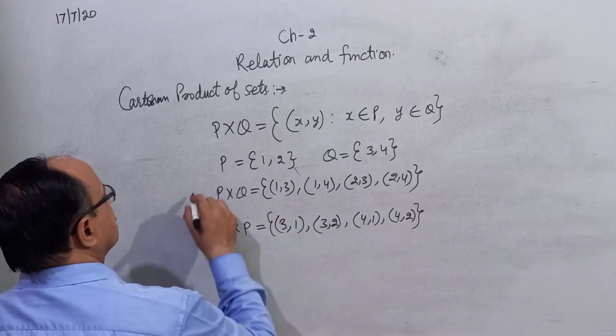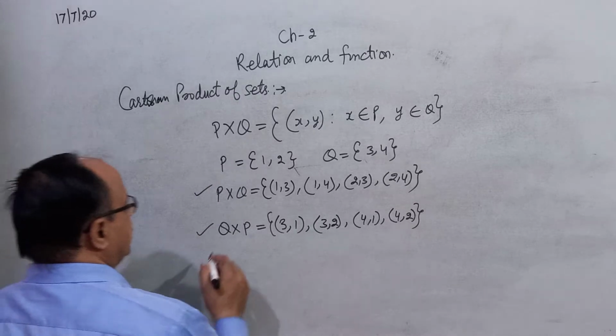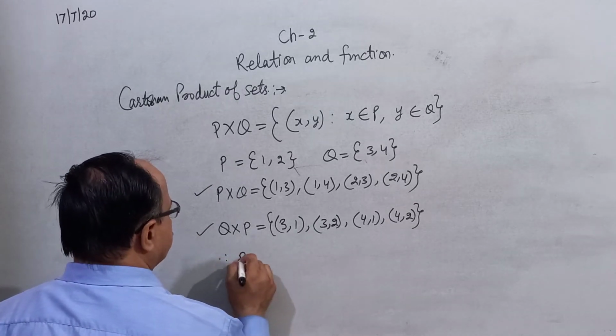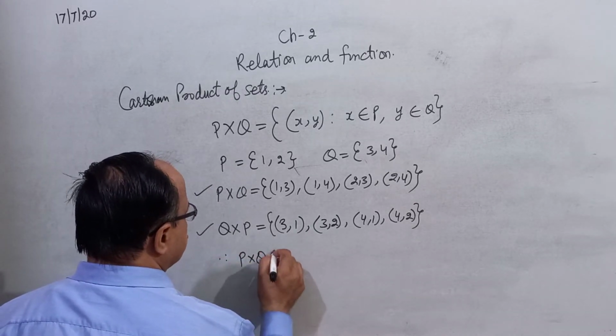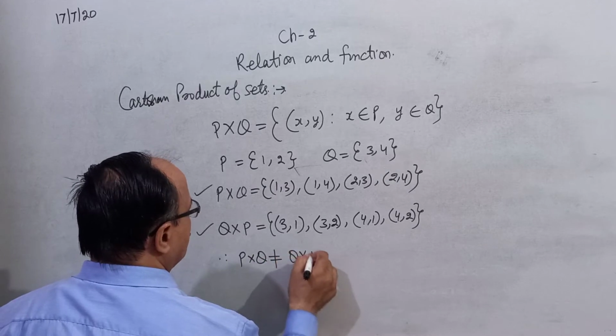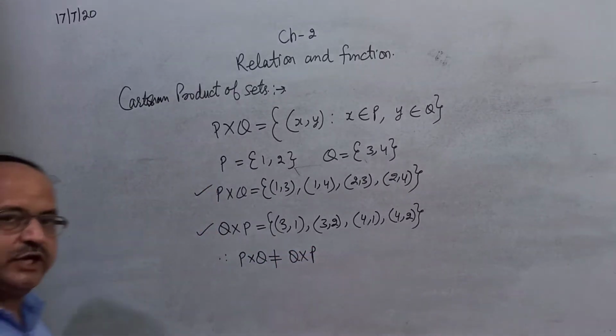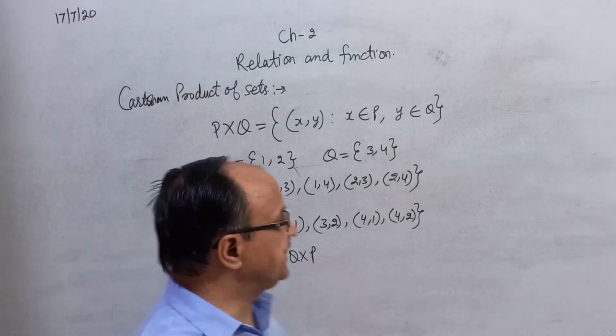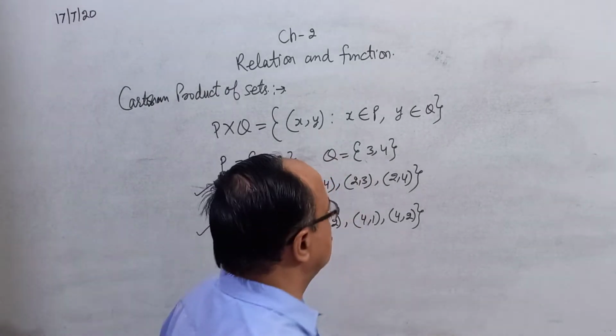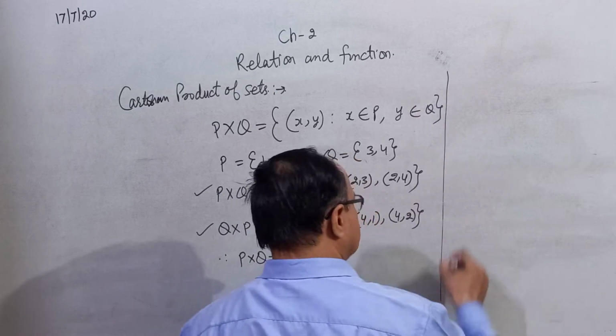This is Q cross P. Therefore you can say P cross Q is not equal to Q cross P. Clear? Now there are some important points.